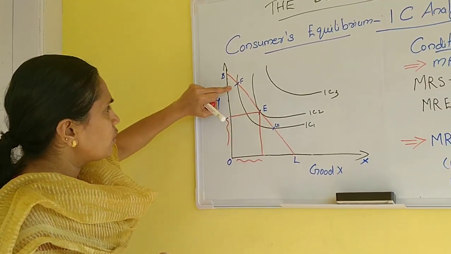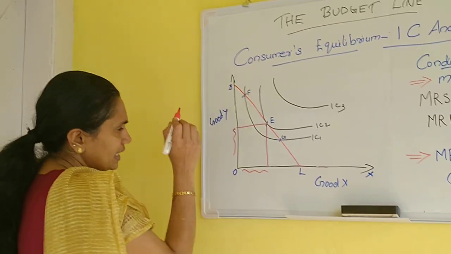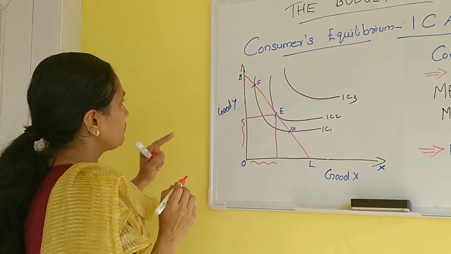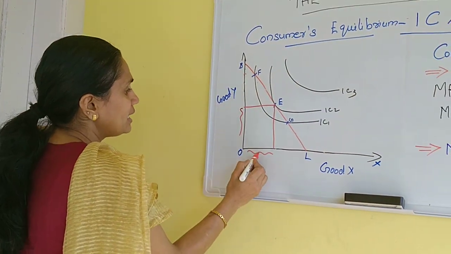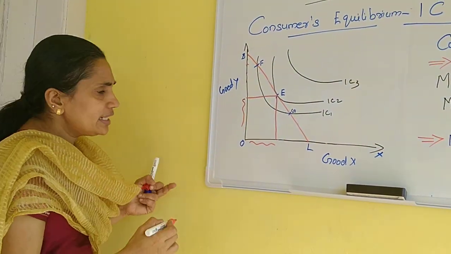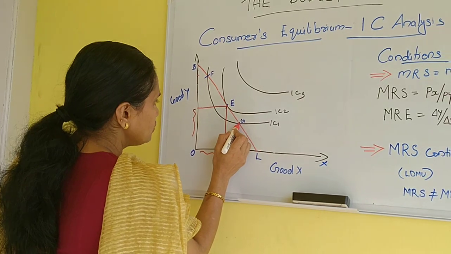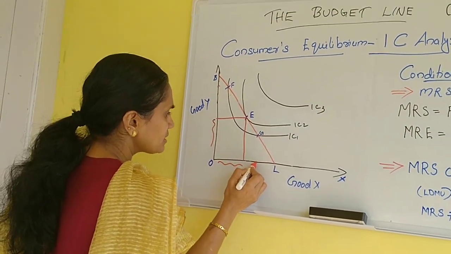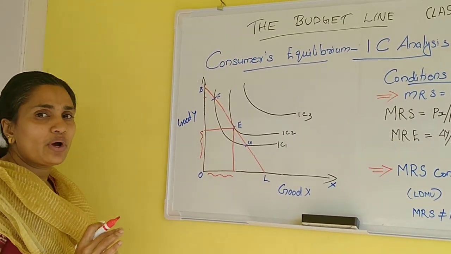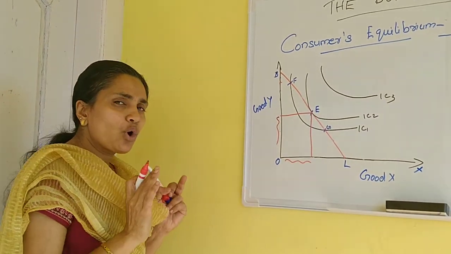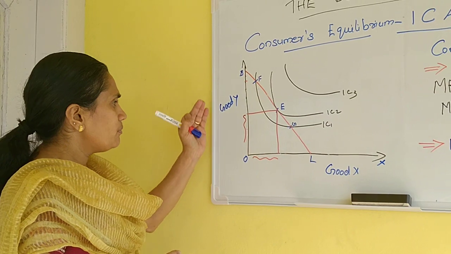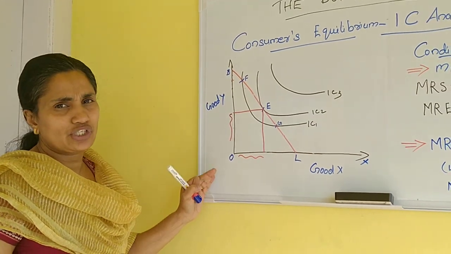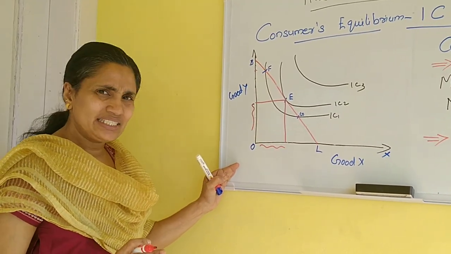When we move to F, we can see that the consumer is able to consume within the limited income more of Y and less of X. Then he can choose G. When he chooses G, more of X and less of Y. So a rational consumer always tries to maximize their satisfaction on both the goods equally within the limited income.